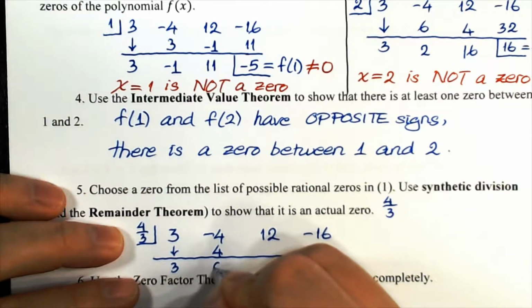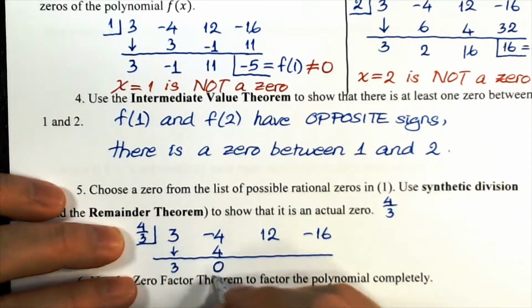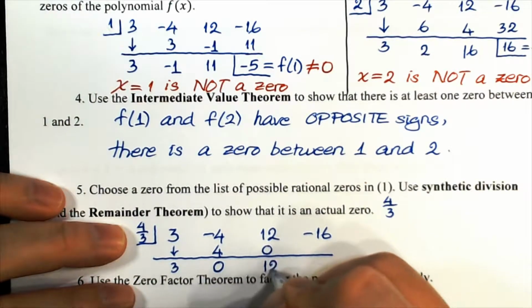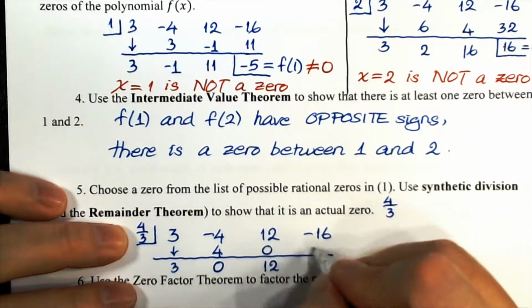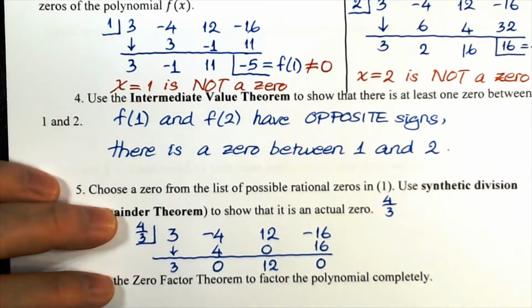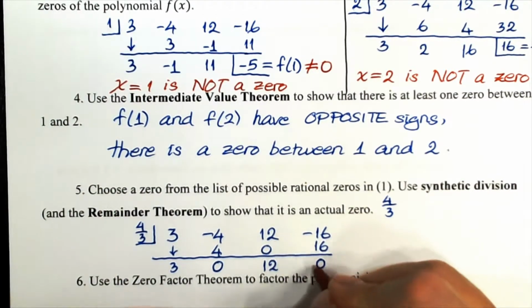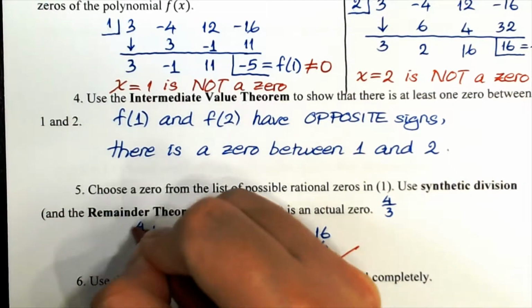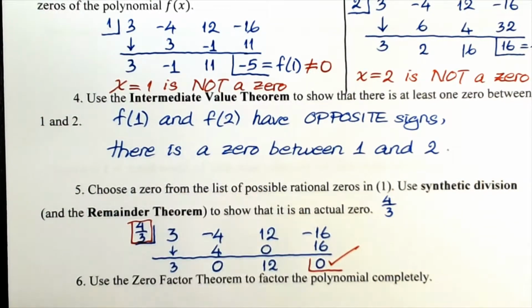That cancels out to 0. 0 times anything is 0. Then 12, and 12 times 4 thirds is 16, and that will be 0. Now, since the remainder is equal to 0, 4 thirds is a 0.